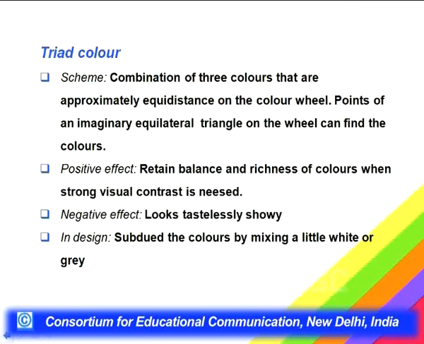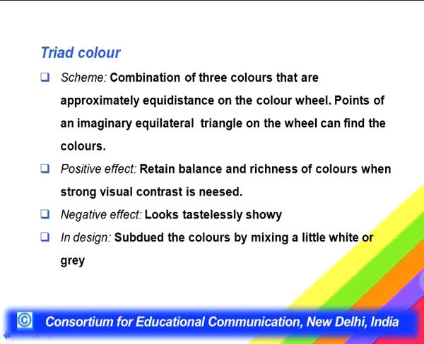Triad color scheme. Triad color scheme is another interesting color scheme, in which the combination of three colors that are approximately equidistant on the color wheel. You can find the colors at the points of an imaginary equilateral triangle on the wheel.